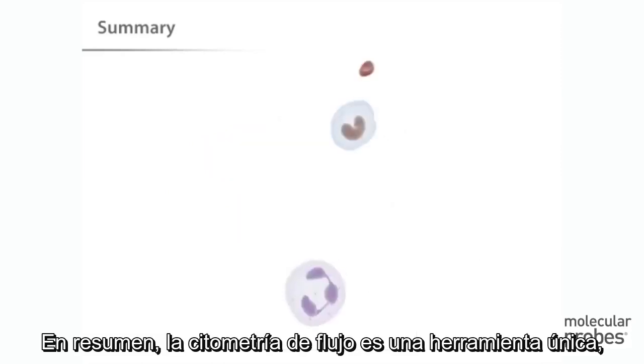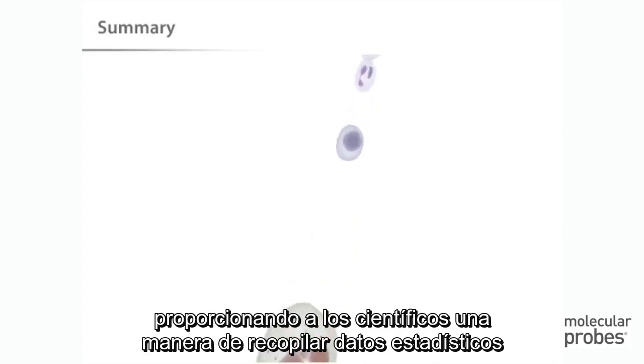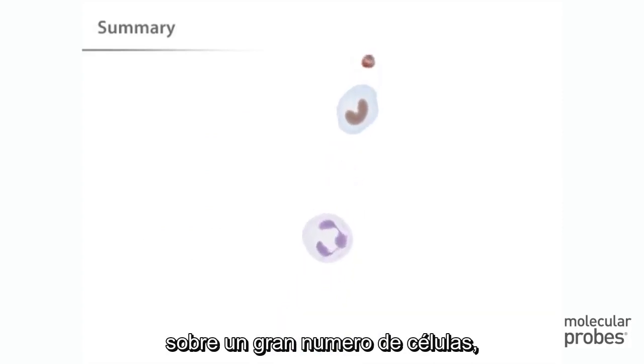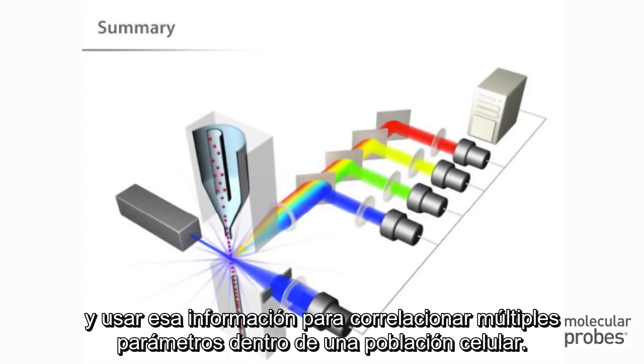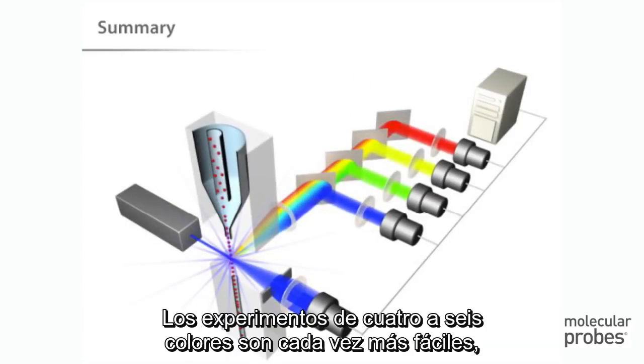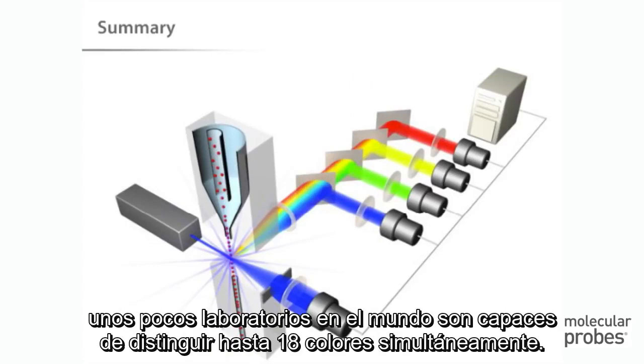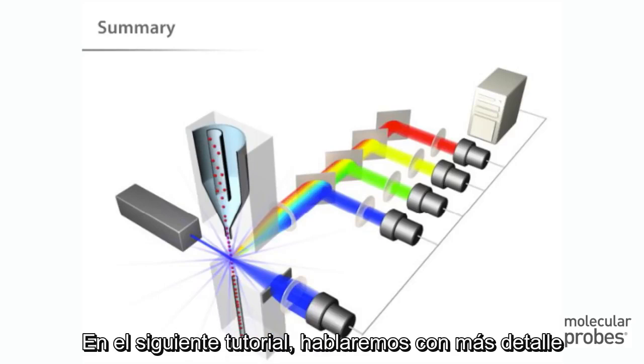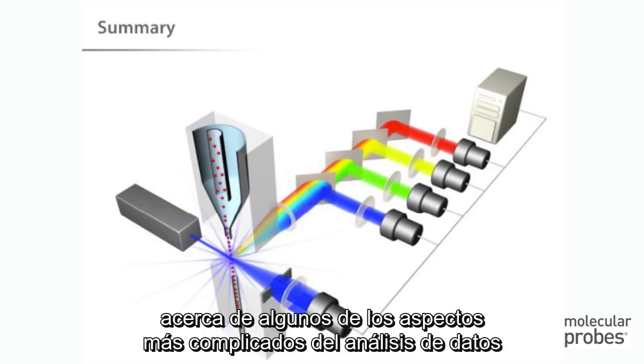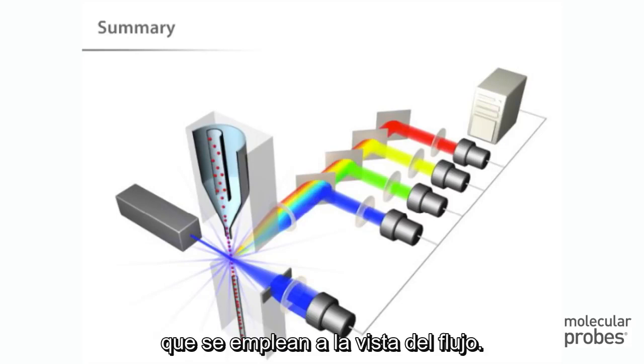In summary, flow cytometry is a unique tool, providing scientists with a way to gather statistical data on large numbers of cells and use that information to correlate multiple parameters within a cell population. 4 to 6 color experiments are becoming easier. A few labs in the world are able to distinguish up to 18 colors simultaneously. In the next tutorial, we will talk in more detail about some of the trickier aspects of data analysis that are employed in flow cytometry.